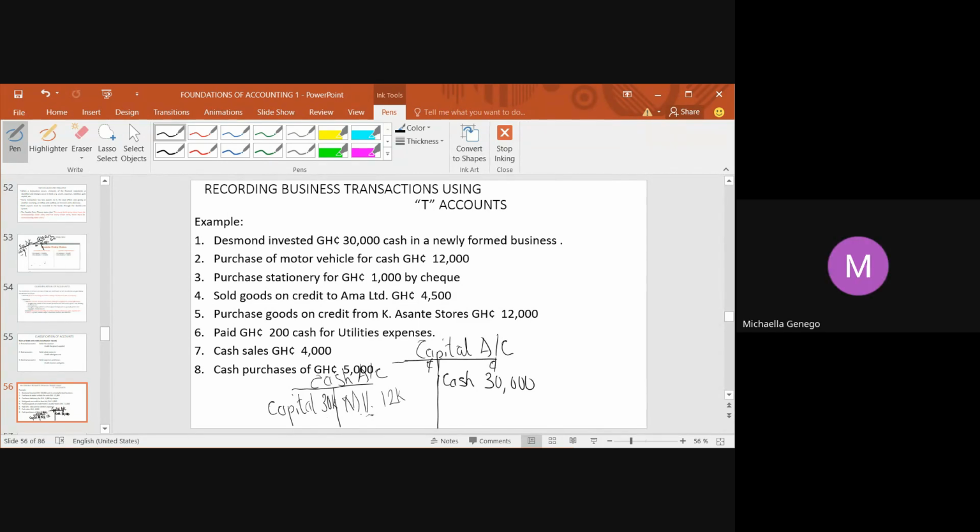The next item is purchased goods on credit from K Asante stores for 12,000 cedis. So what are we doing? What's happening here?